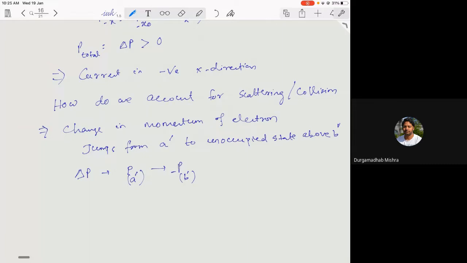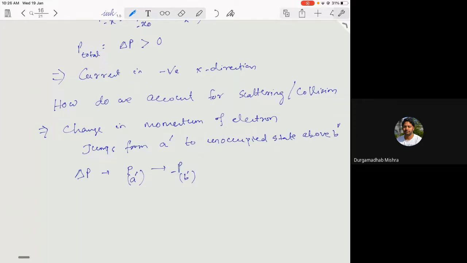So there is a net change in momentum. Where does this momentum come from? It comes from the crystal itself. This change in momentum will either be given by the lattice or taken by the lattice.